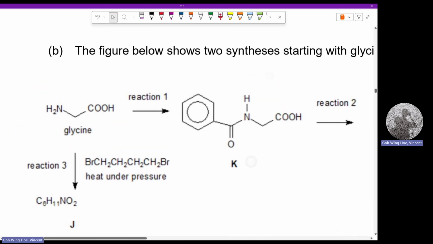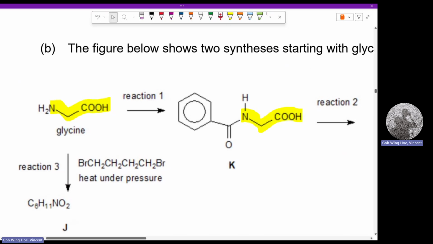Upon inspection, you should be able to notice that the part on glycine is observed to be at this part of the structure of K. So this end of compound K is newly introduced, likely from your other reactant required in reaction number 1.